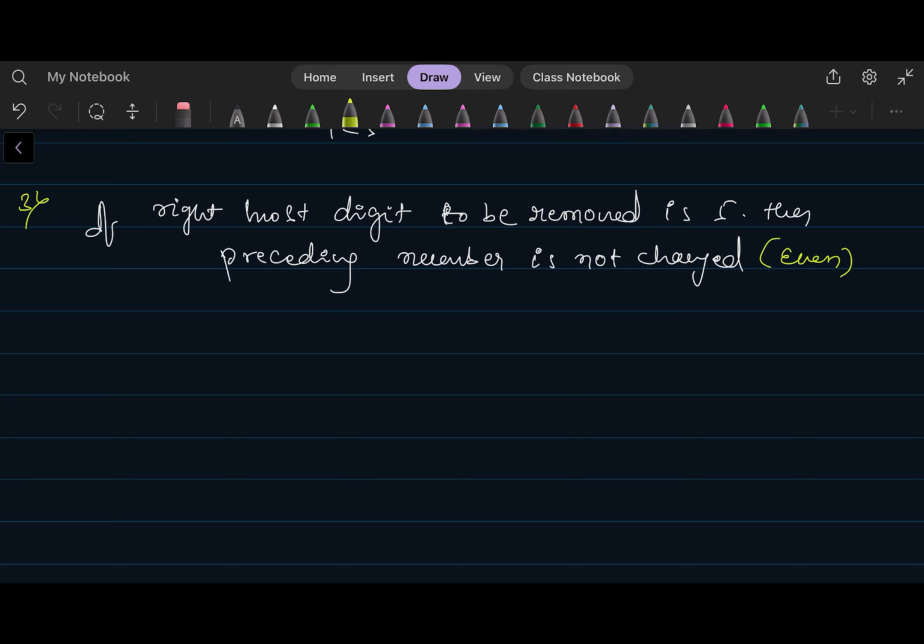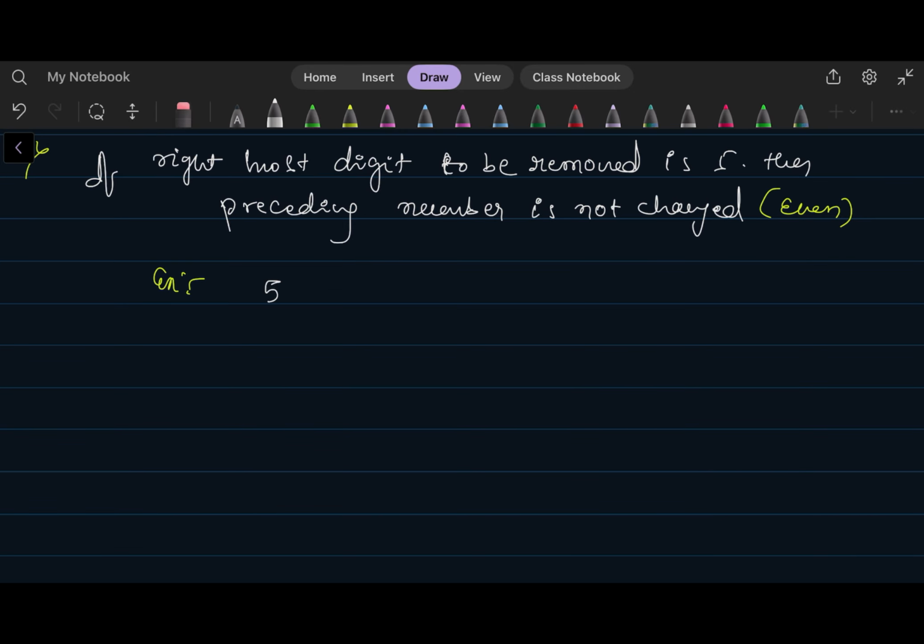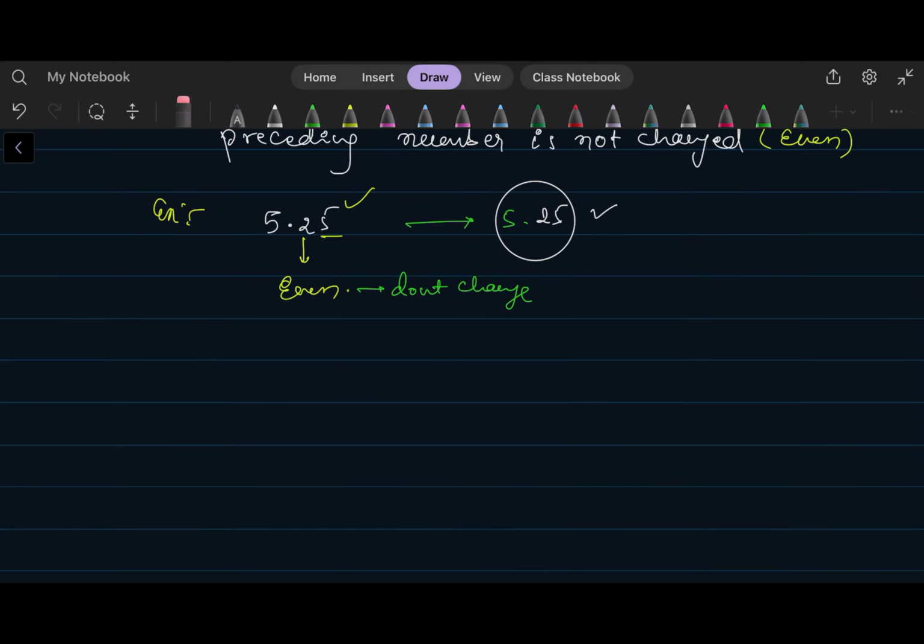Example, sir. See, 5.25. You have to decide whether the preceding number is odd or even. If it is even, don't change. Rounding off, if I try to do it, I am going to get the value 5.2 only, because I removed the 5. So we got the value 5.2.